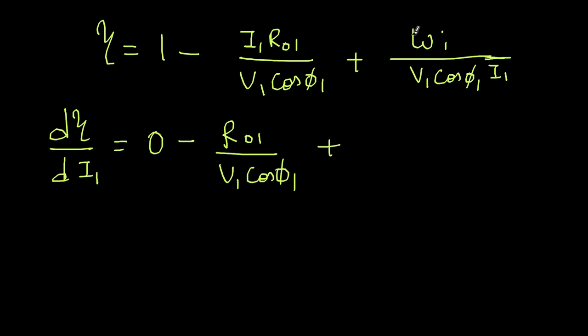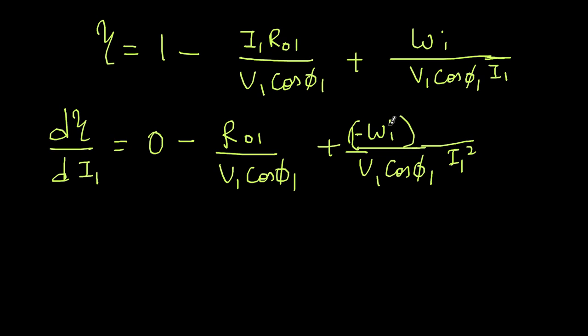Plus here again the coefficient Wi by V1 cos phi 1, and the derivative of 1 by I1 is minus 1 by I1 square. So this minus will get multiplied with this plus, and it will become minus.